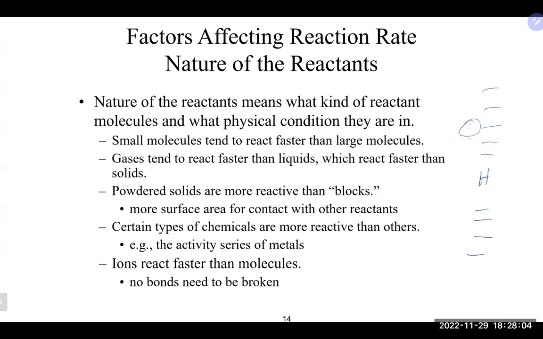Anything higher on the list is more reactive than anything lower, and anything lower is less reactive than anything higher. Ions tend to react faster than molecules because if you are an ion, you are floating around in the solution ready to go. You don't have to worry about any bond being broken. You're ready to do the reaction.